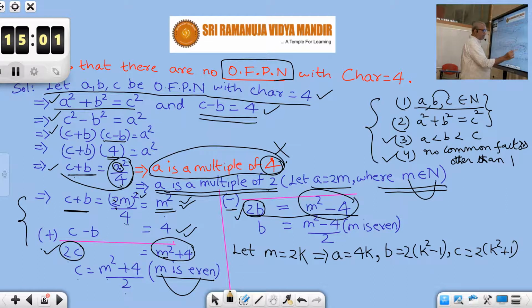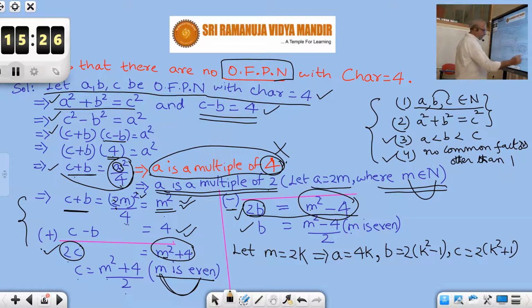Therefore, m must be even. So that m square is even, even minus 4 is even. So m must be even. Already we have decided that m is even. So dividing by 2 you get b is equal to (m square minus 4) by 2.